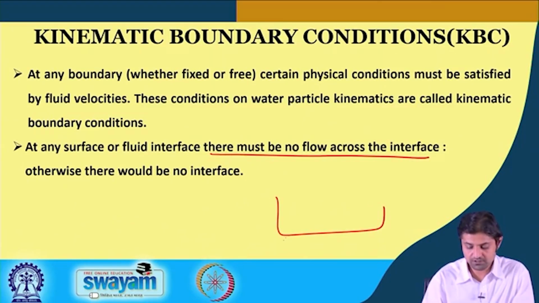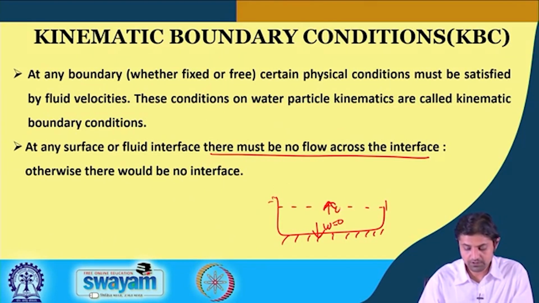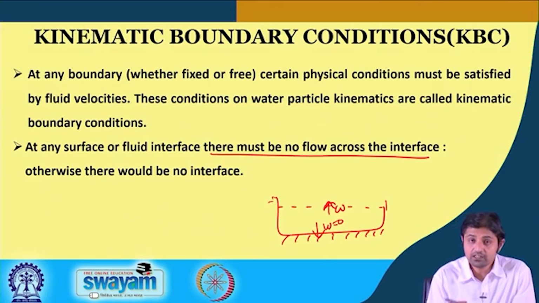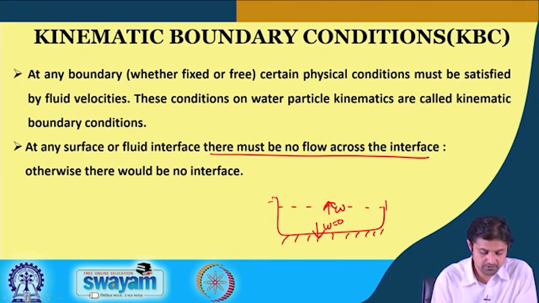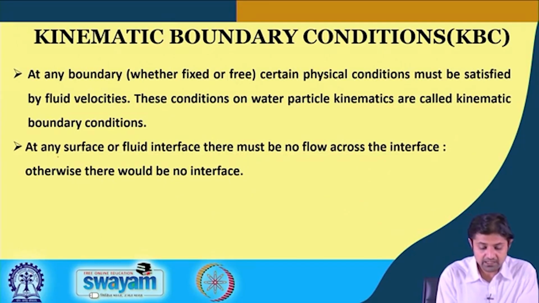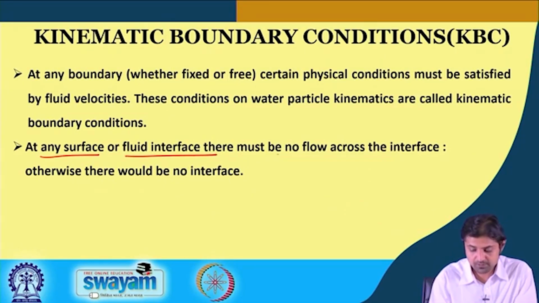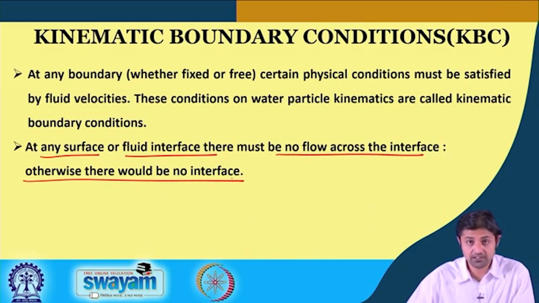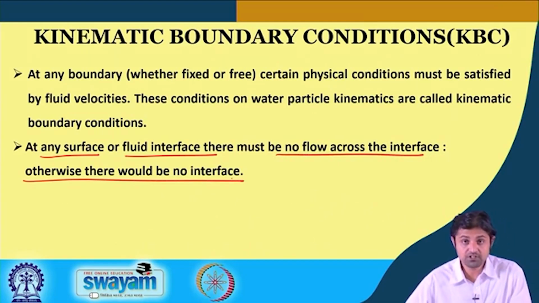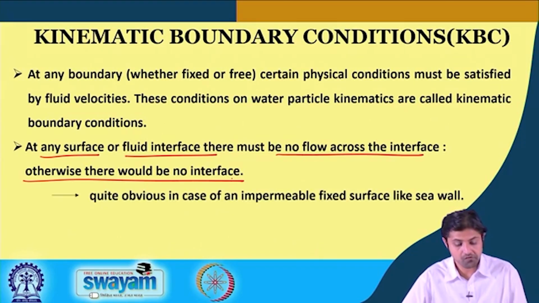For example, if there is ground here, the kinematic boundary condition will be that the velocity w is going to be 0 in the downward direction. Or if there is a water surface, here also the water will not have any velocity across it. Otherwise, if it has a velocity, then it will still be water there, right? Then there is not going to be any interface. So at any surface or fluid interface, there must be no flow across the interface, and that is a very standard, universal kinematic boundary condition.